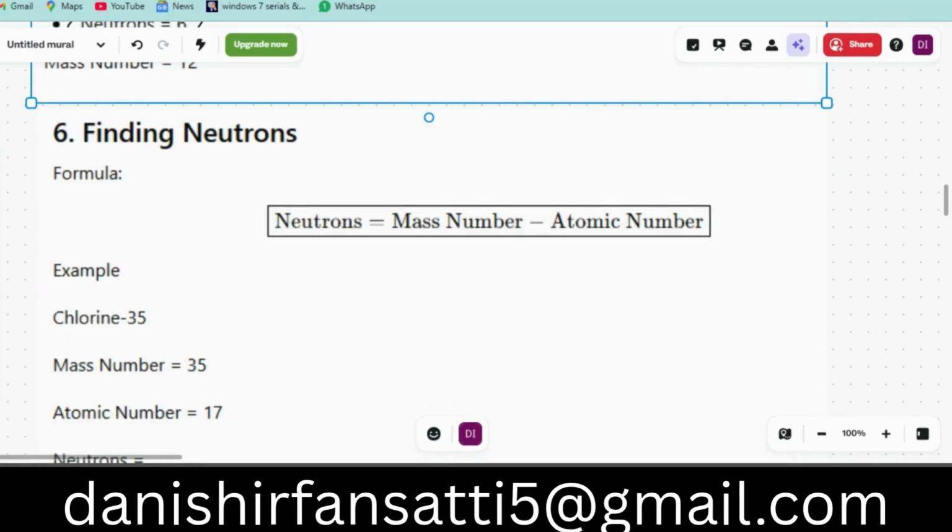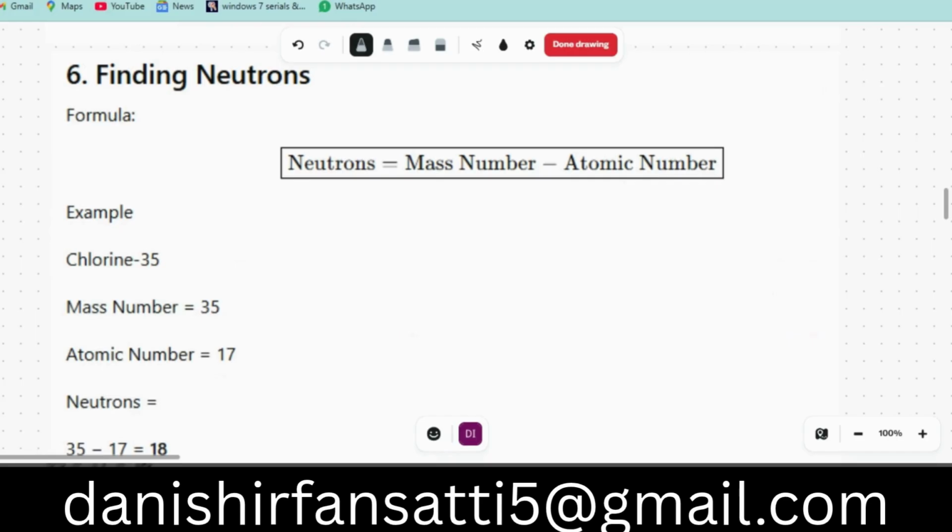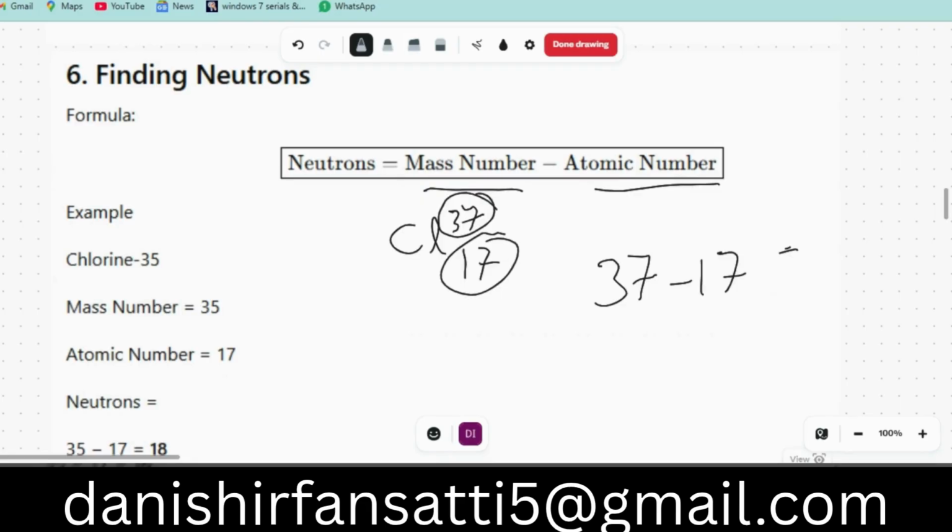Finding neutrons. We will rearrange that equation. Neutrons equal mass number minus atomic number. Atomic number is simply the proton number. For example, chlorine has a mass number of 37 and an atomic number, or proton number, of 17. So we subtract the atomic number from the mass number, 37 minus 17, which is 20.